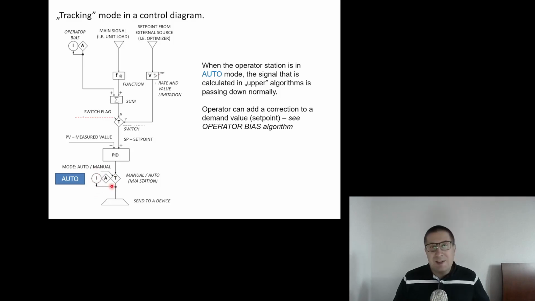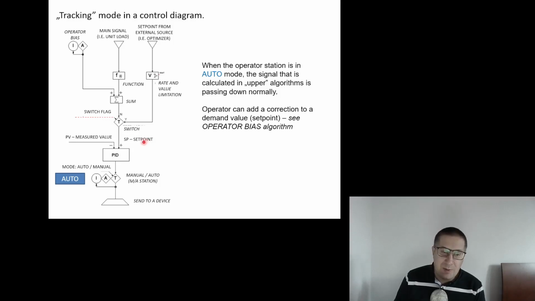In the middle, somewhere, you will have the manual auto station, where the operator can switch from automatic mode to manual mode. In complex systems, this set point is usually a function of other signals.